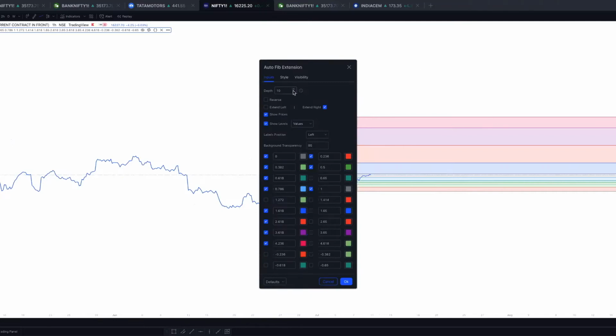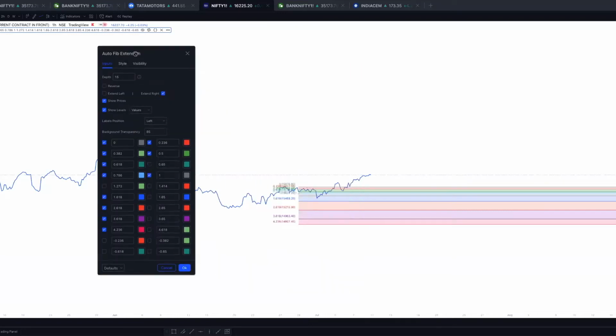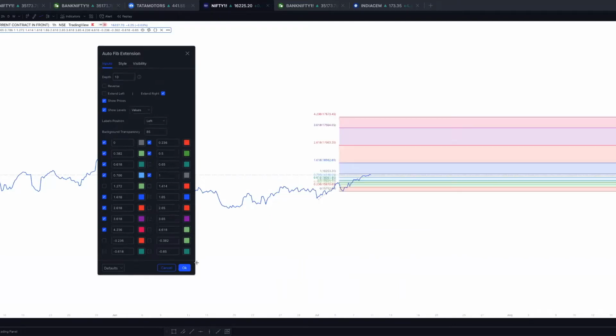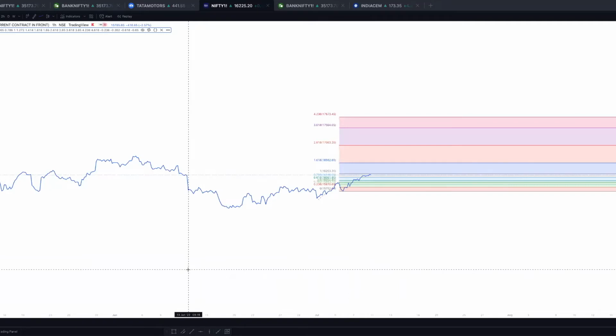For this, you can just change the depth. Based on that, it creates itself. It still needs more work to be more accurate from their side. But yes, if you think that the demarcation is very tough, you can go for this.